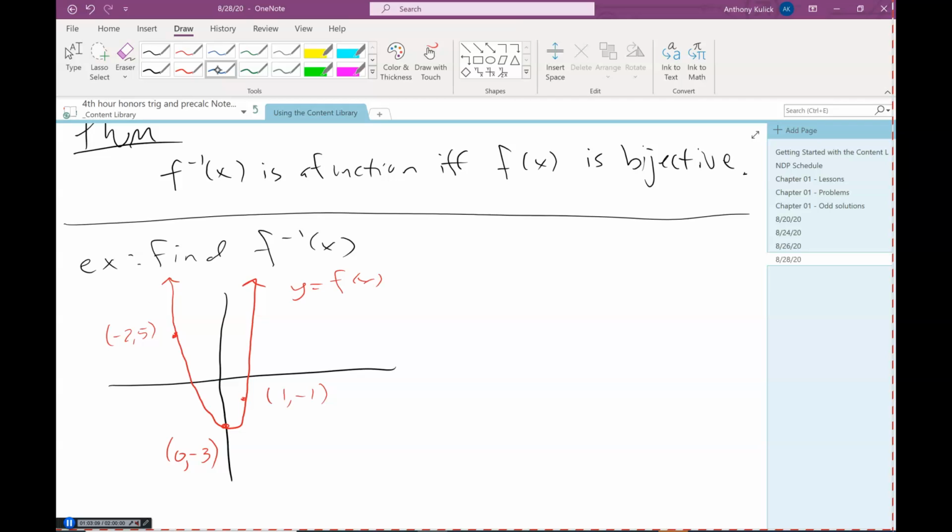If I want to find the inverse for this, what I'll do is I'll just transpose the x and y coordinates and draw my new graph. So 0, -3 becomes -3, 0. 1, -1 becomes -1, 1. And -2, 5 becomes 5, -2. So if I draw my graph now, there's f inverse of x.